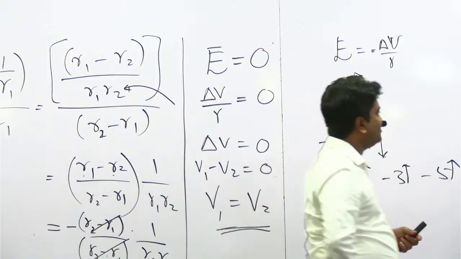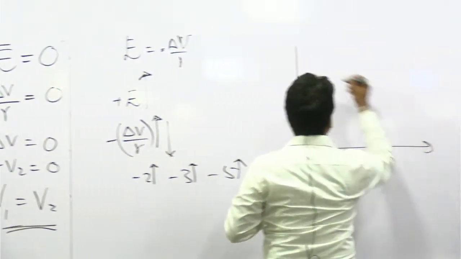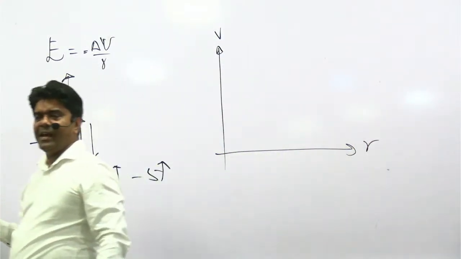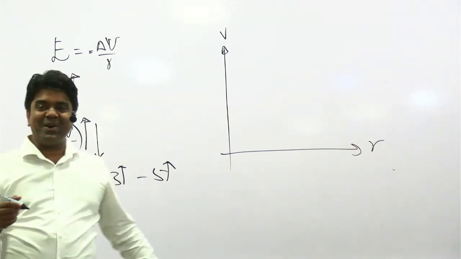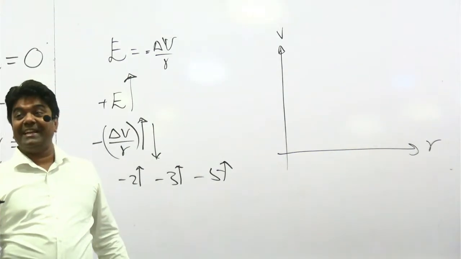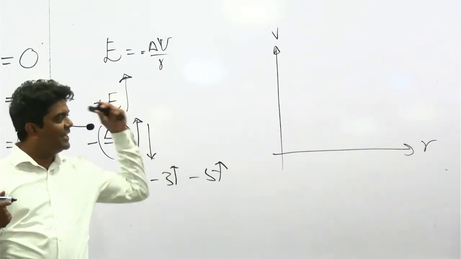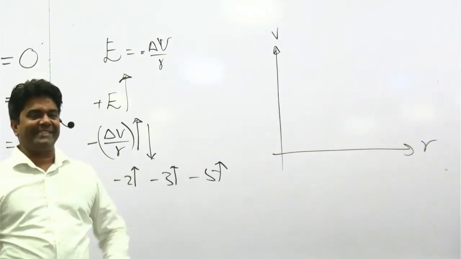So how do you draw a negatively increasing gradient? Can you remember? Unit number 1, graphical analysis. In unit number 2, I explained how to mark a negatively increasing gradient.